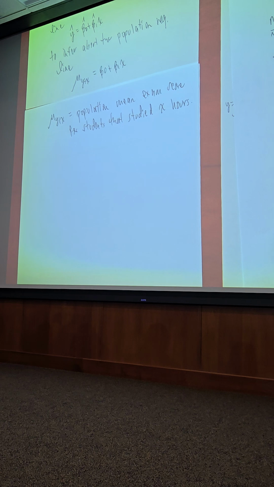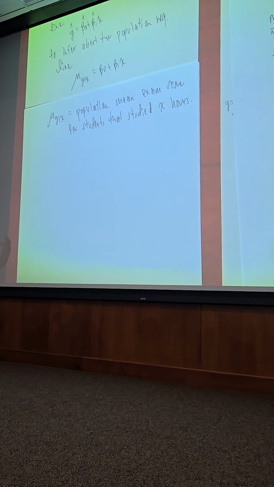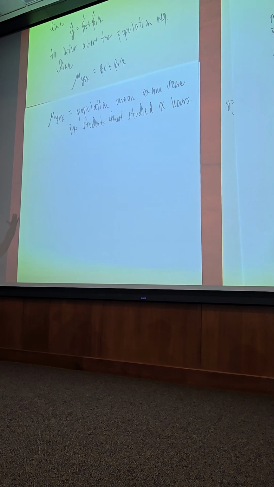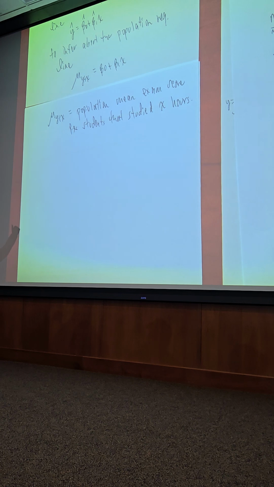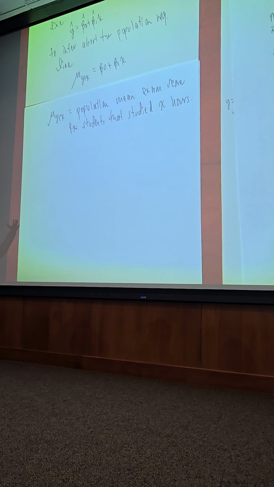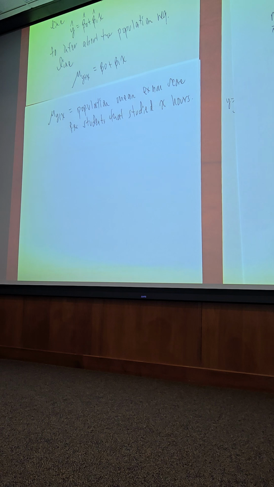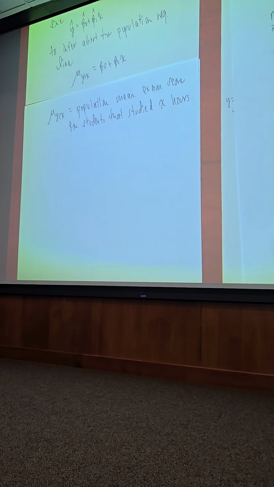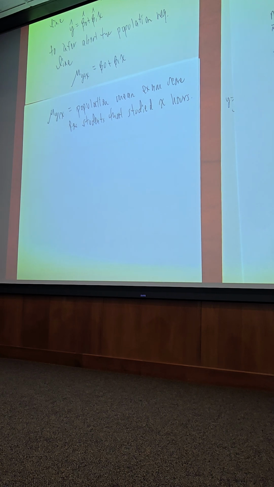So what mu sub y given x is, in real terms, is the population mean exam score for students that studied X hours. Okay. What is my best guess at mu sub y given x? My least squares regression line is going to be my best guess in some sense. Okay.